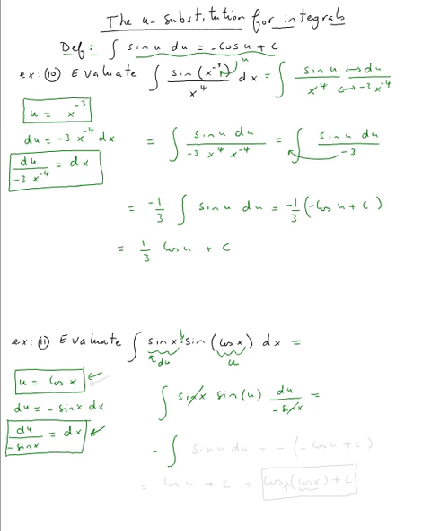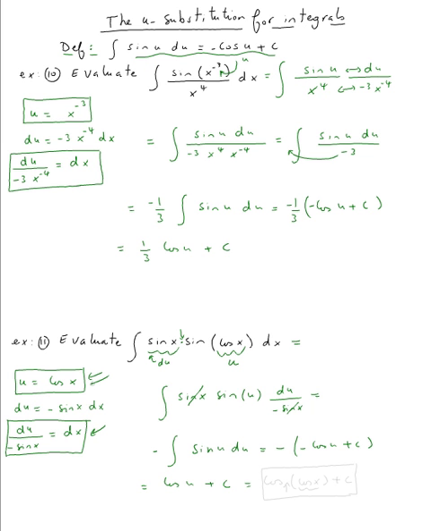Take a negative 1 outside, you get negative the integral of sine of u du, which, using the definition of the integral of sine u, is minus cosine u plus c. So this is going to be equal to cosine of u plus some constant.